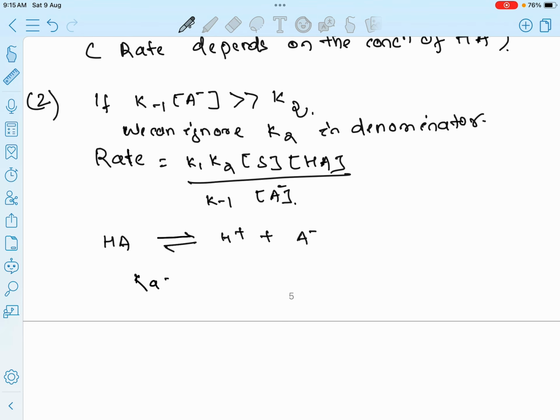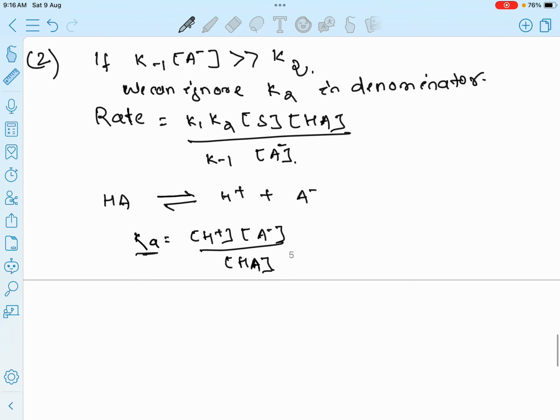So there will be a dissociation constant, which is nothing but the product of the concentration of H plus and A minus divided by the concentration of HA. Here water will be there, but the concentration of water is taken to be constant. Therefore I have included the concentration of water, which is constant, in Ka only.